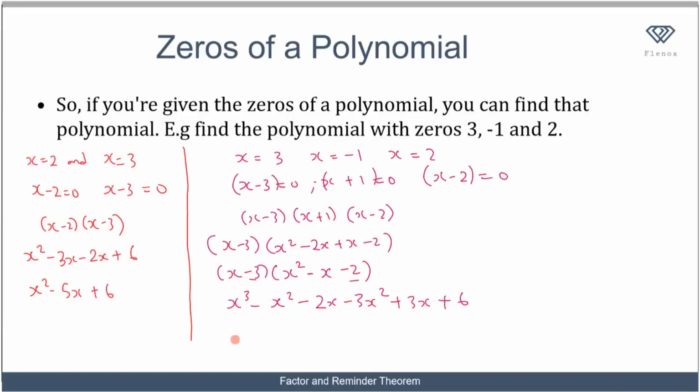So when you collect like terms, you have x cubed, then minus x squared minus 3x squared, that will give me minus 4x squared, and you have minus x plus 3x, which gives me plus x, and plus 6. So this is the polynomial in which the zeros or the roots are 3, minus 1 and 2.